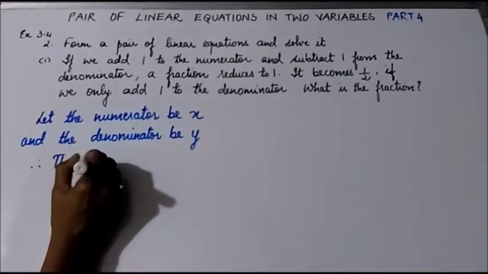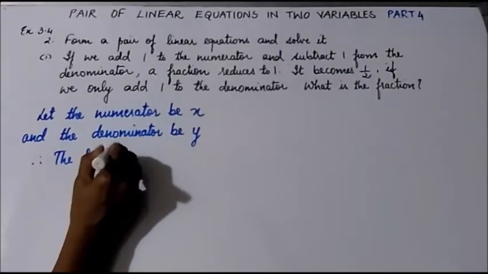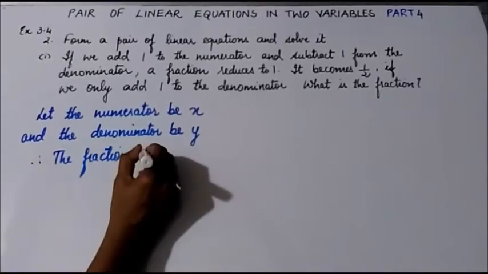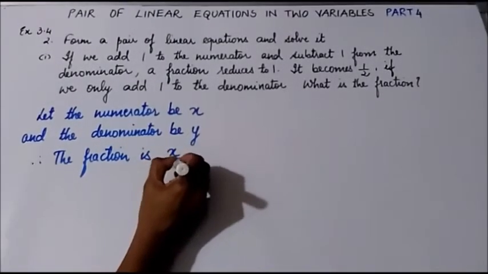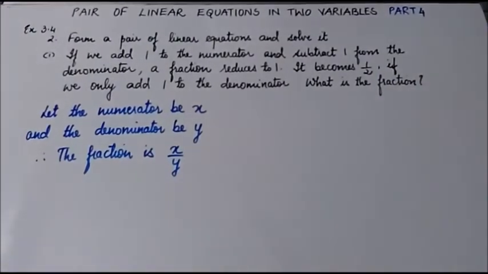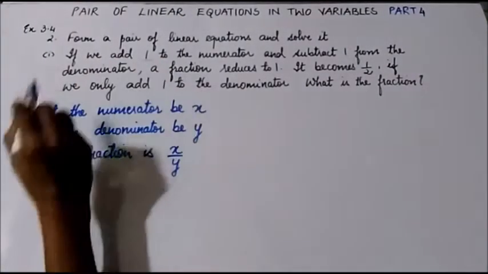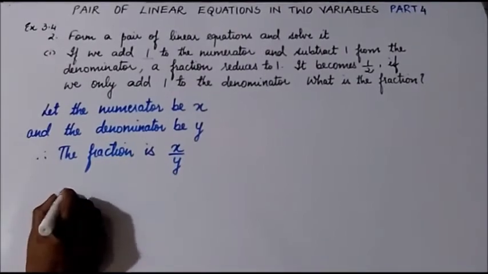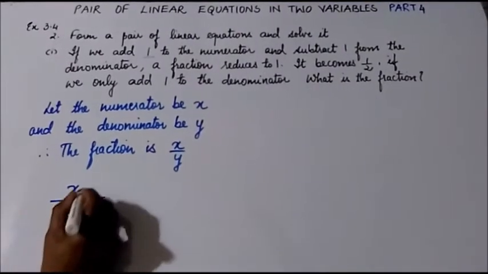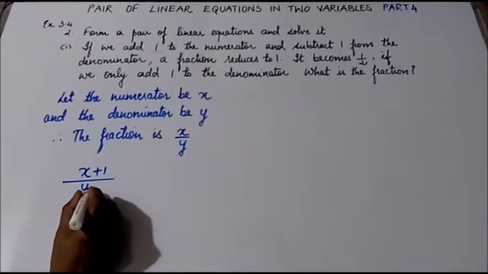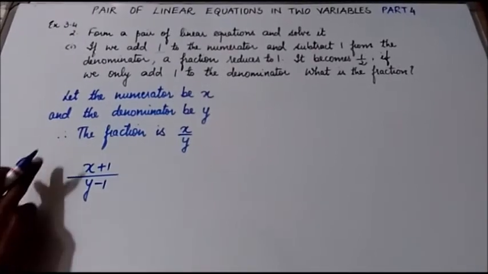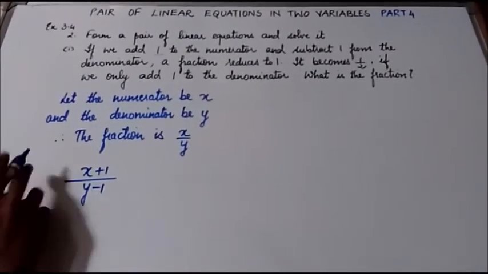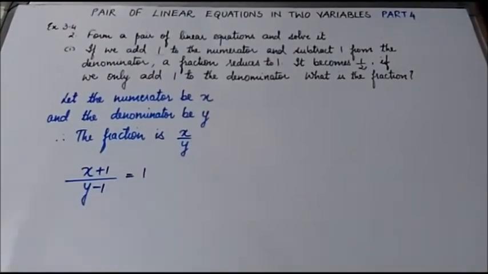Therefore, the fraction will become x by y. Now let's read the question. If we add 1 to the numerator and subtract 1 from the denominator, that is, we add 1 to x and subtract 1 from y, then the fraction reduces. That means the fraction becomes equal to 1.